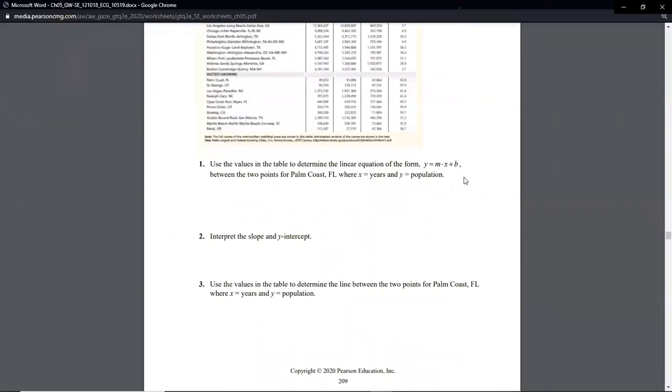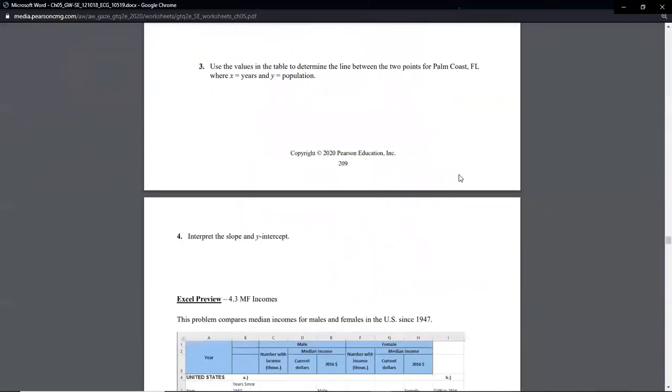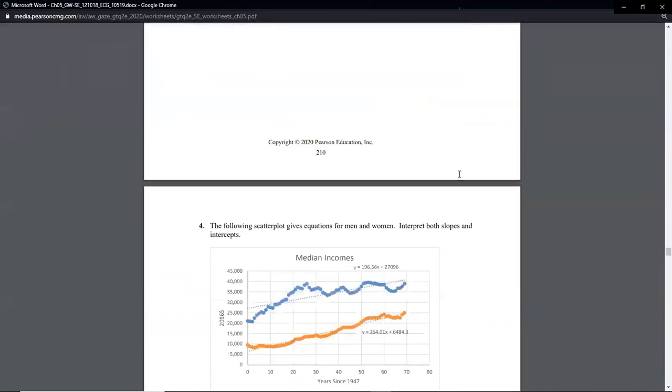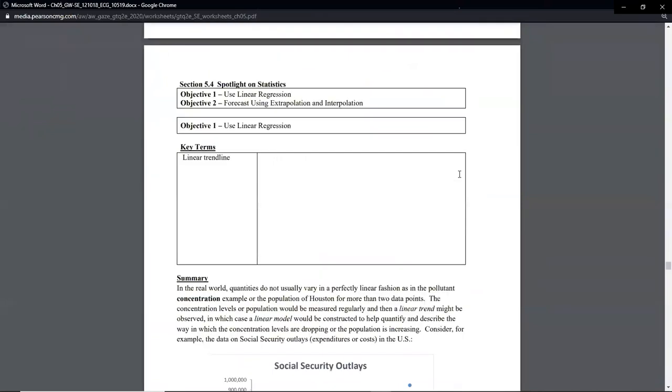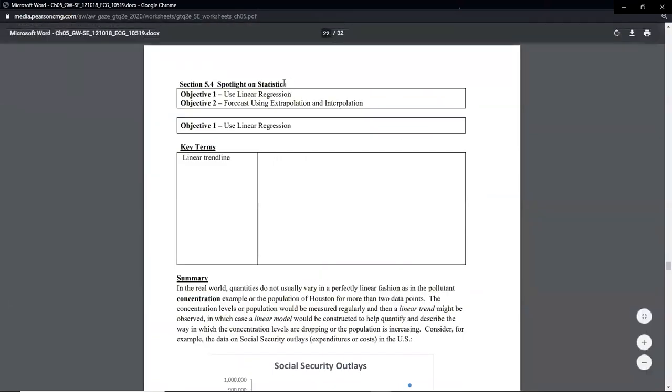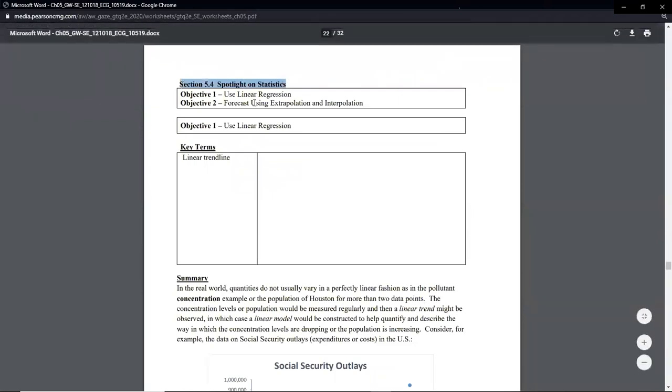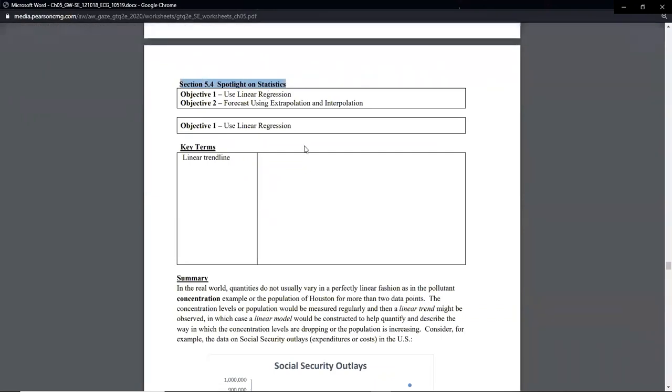We got guided activities. But the point of what I was trying to say there, sorry about that, is these guided activities say 5.3, still 5.3, still 5.3. These guided activities say 5.4, and you'll notice it says statistics. And if you remember, I've said we don't cover anything with statistics. However, whenever they modified this workbook, so we got a new version in 2019, they put stuff that was in 5.3 and 5.4 in the guided activities that doesn't need to be in 5.4.